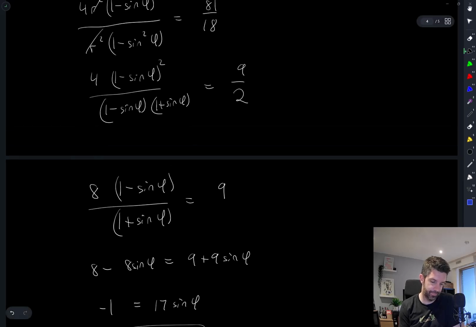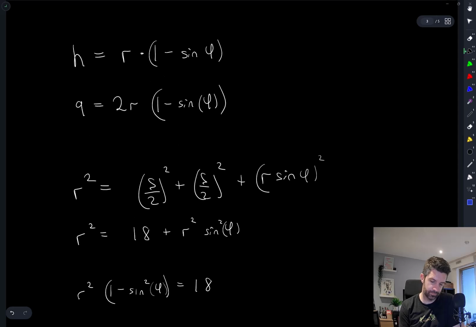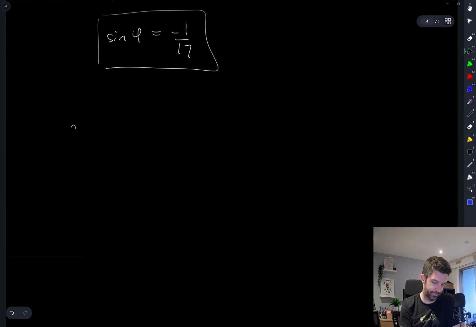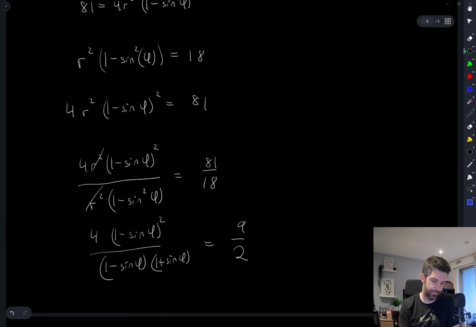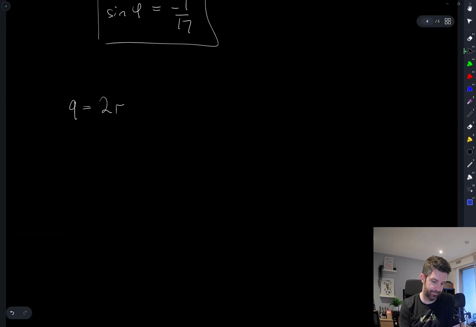Okay. Now, let's take that. 9 is equal to 2r times 1 minus sine phi, which is 1 plus 1 over 17.